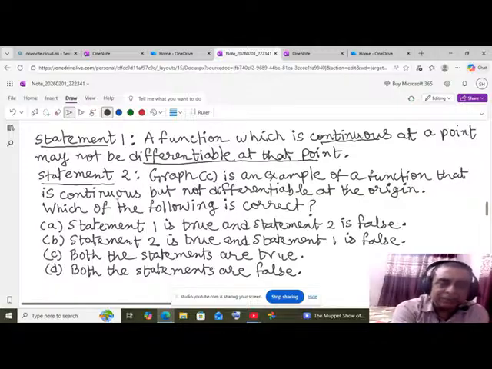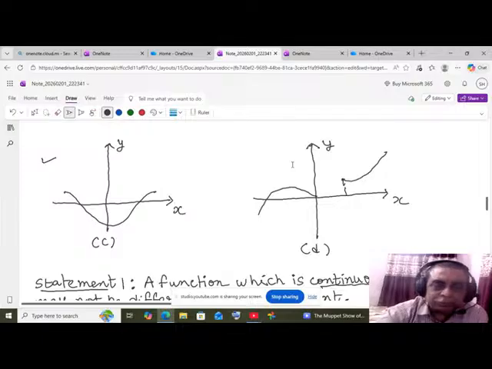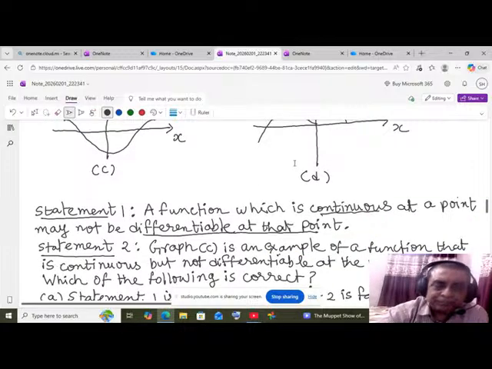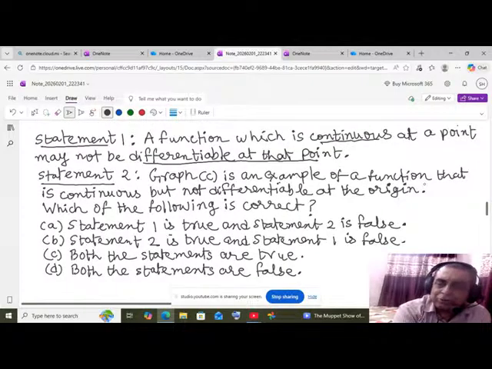Statement number 2: graph C is an example of a function that is continuous but not differentiable at the origin. This is the graph C.